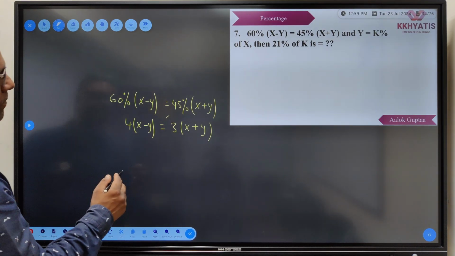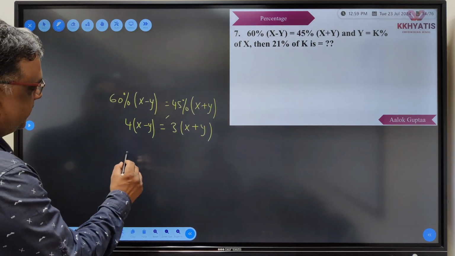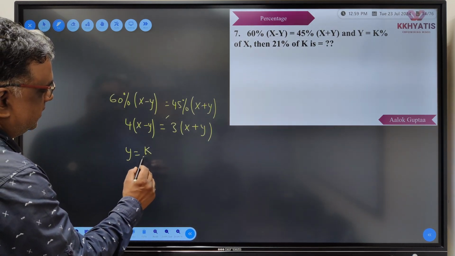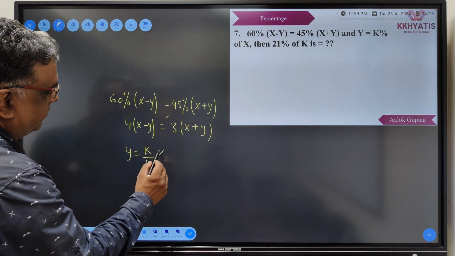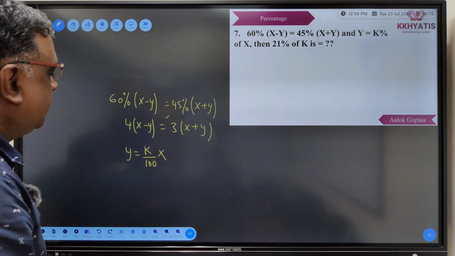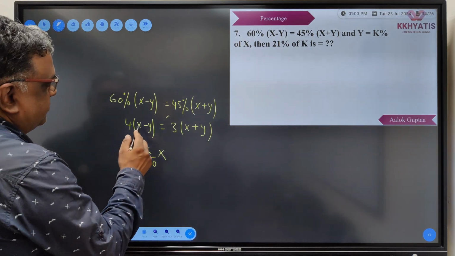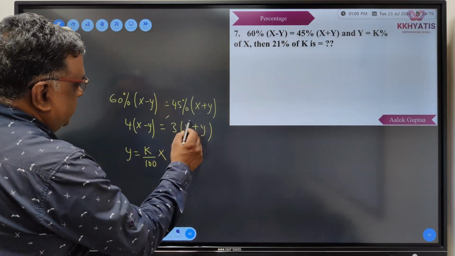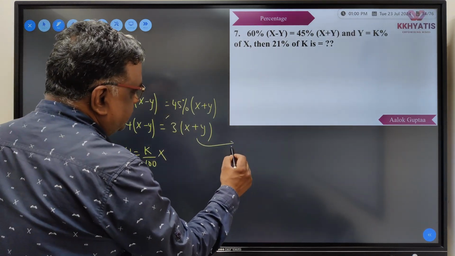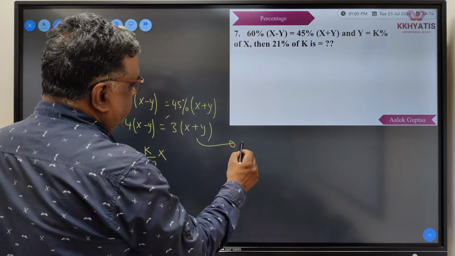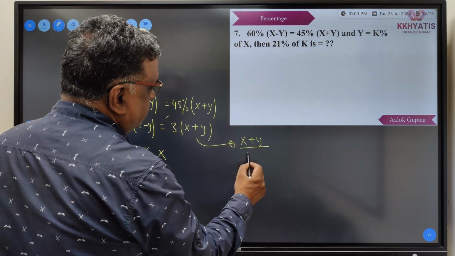And y is k% of x. So y is k upon 100 of x, which means if I substitute, I will write this ratio in a manner, x plus y upon x minus y.